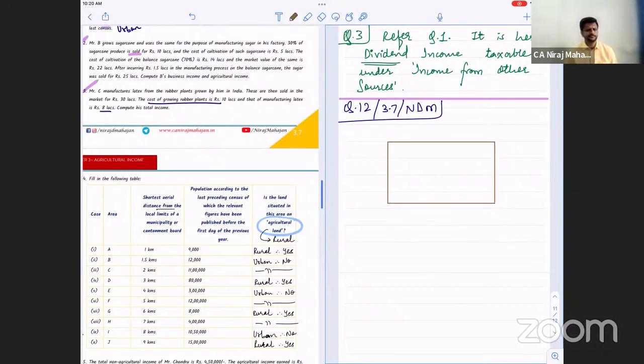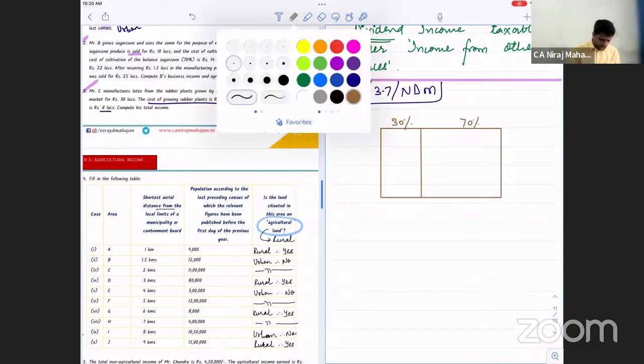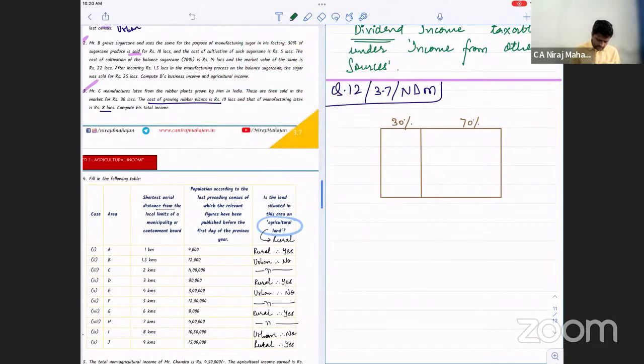There is a land, agricultural land. I will bifurcate it into some ratio: 30% land, 70% land. I hope this much is okay. What are we growing?